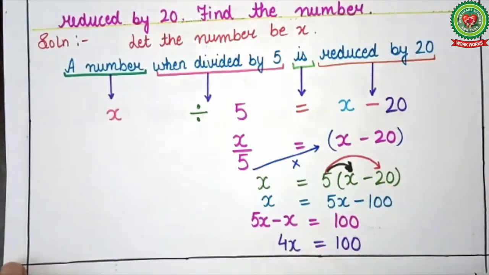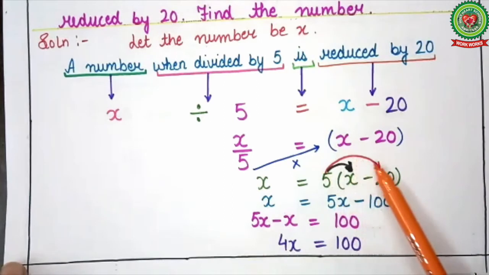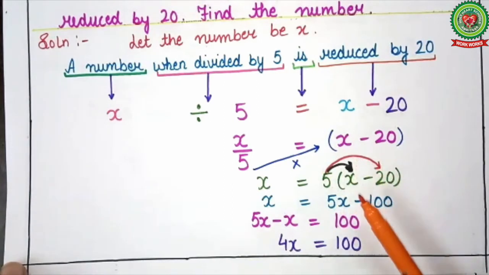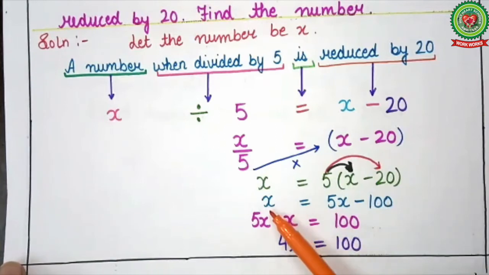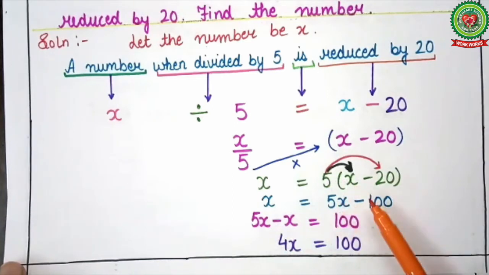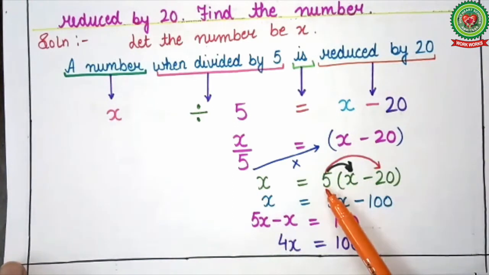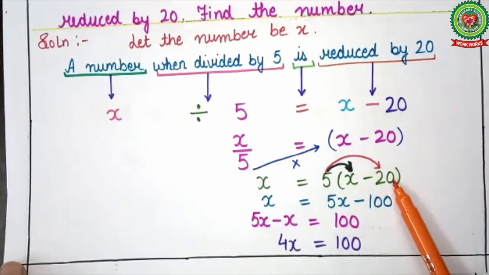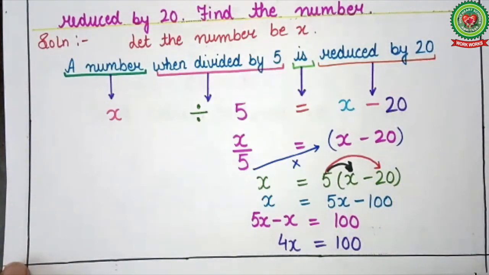Now here you will apply the arrow method. 5 will multiply with both. So here it comes, x equals to 5 into x, that is 5x, minus 5 multiplied by 20, here it comes 100.